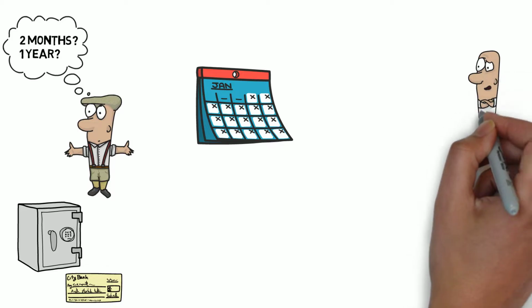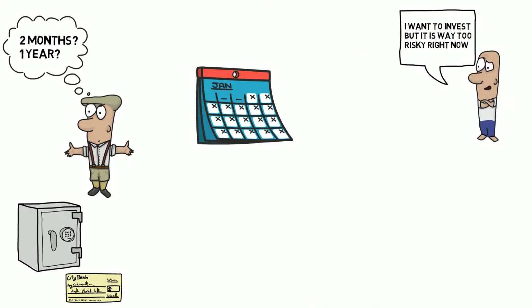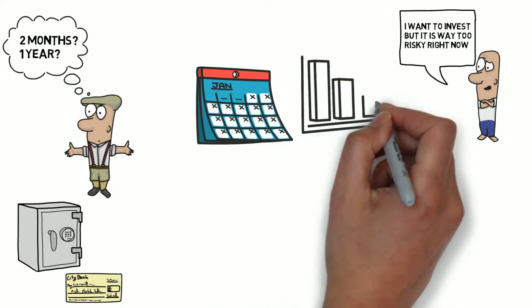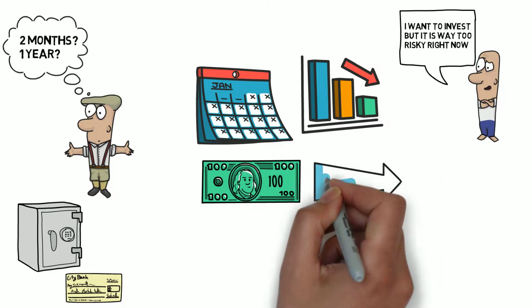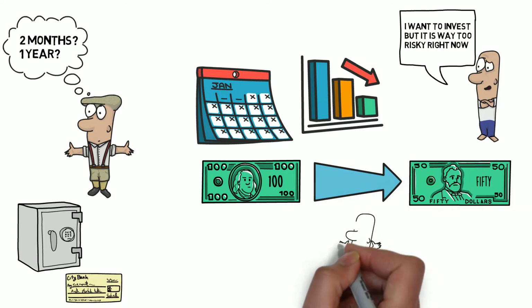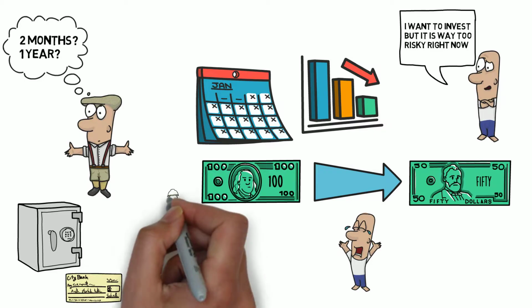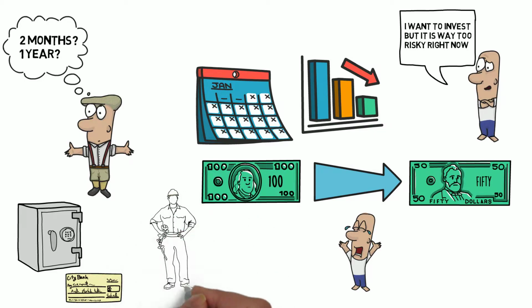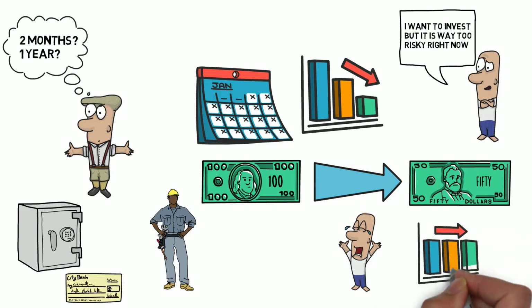But let's say that you have $10,000 that you want to invest, but you think it's too risky to invest right now because you're worried that the stock market will drop 5% or more the day after your money is invested, which is a fair concern to have during a financial crash. And it would be very sad to lose 5% of your hard-earned money in just one day. And it could possibly take a long time before the economy is back on track again.